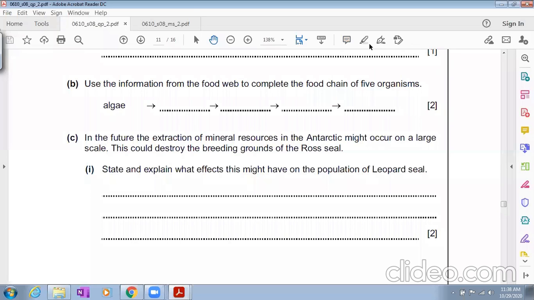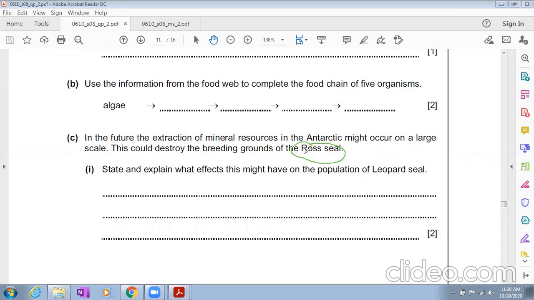Another question we have: in the future, the extraction of mineral resources in the Antarctic might occur on a large scale. This could destroy the breeding grounds of the Ross seal. State and explain the effect this might have on the population of leopard seal. What is happening?